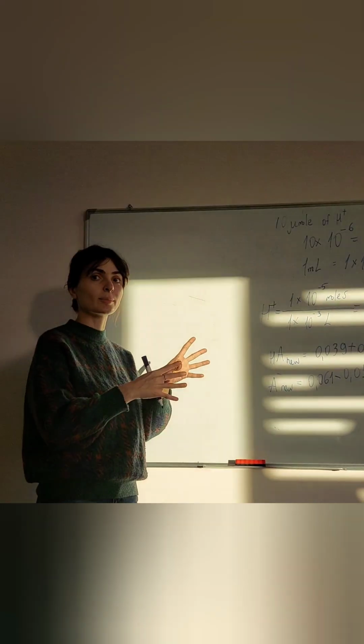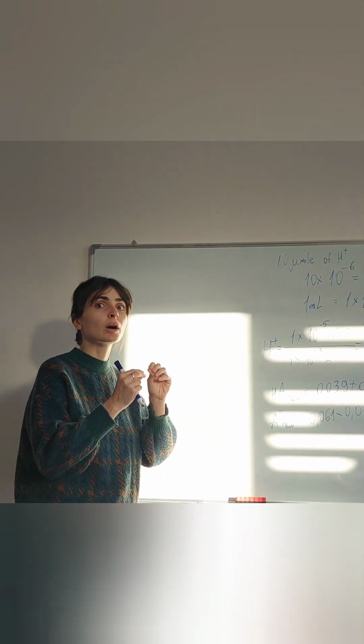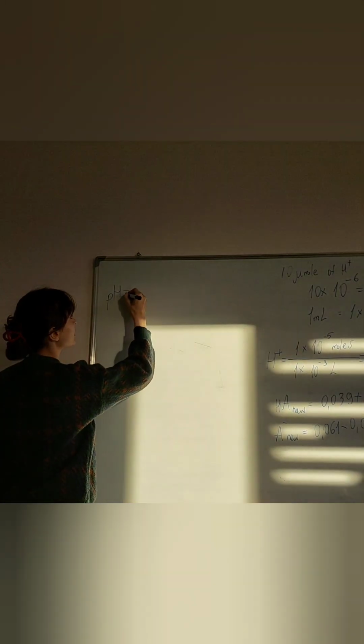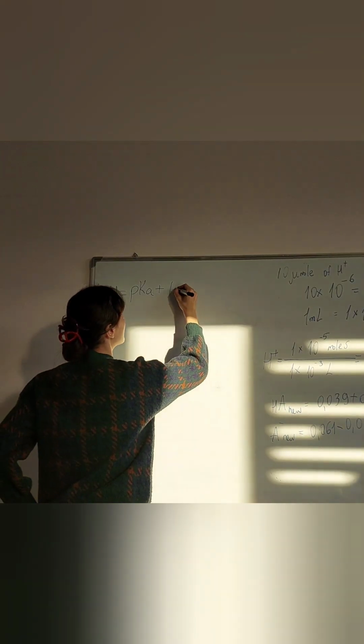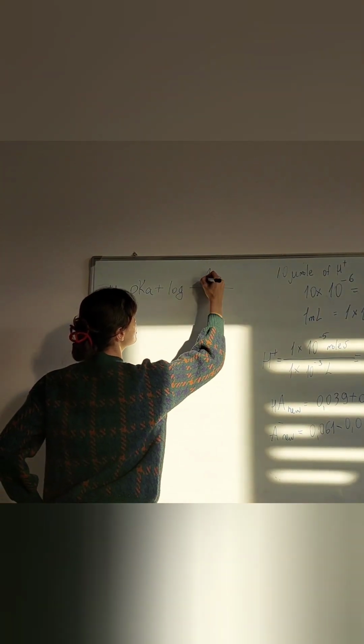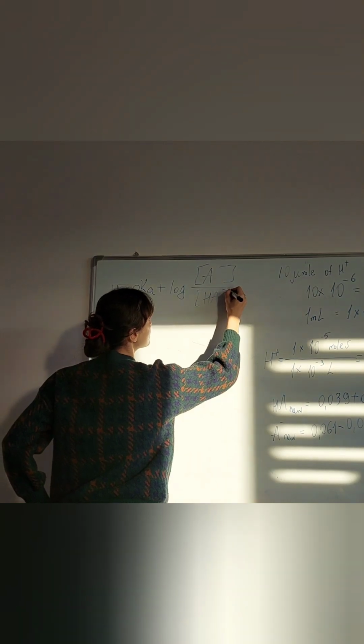the Henderson-Hasselbalch equation one more time and calculate the new pH. The Henderson-Hasselbalch equation looks like this: pH equals pKa plus the logarithm of the conjugate base concentration over the weak acid concentration.